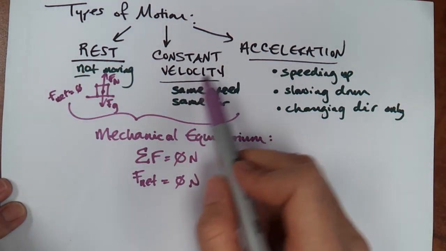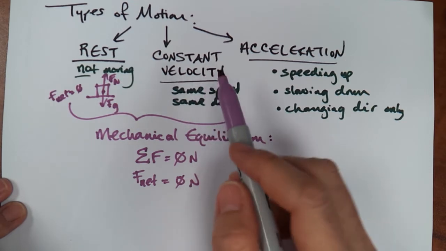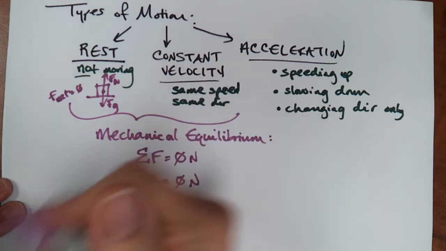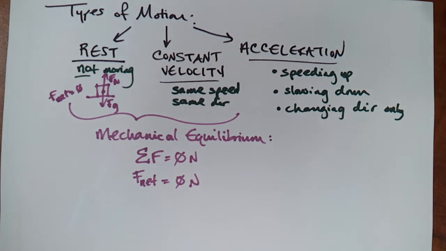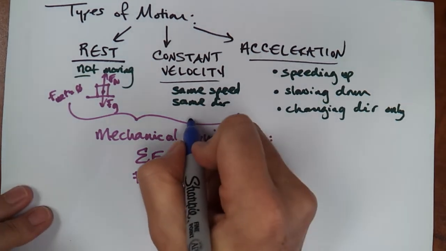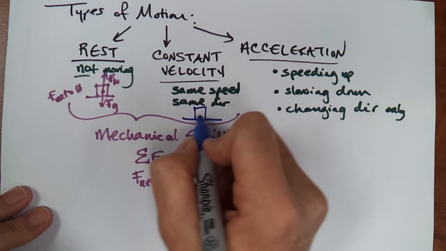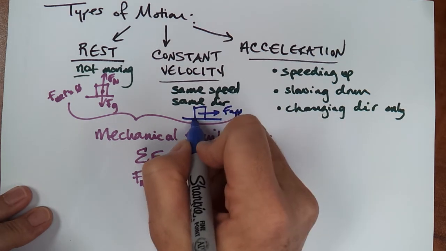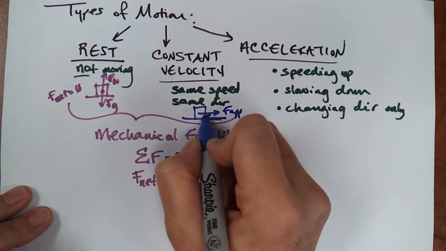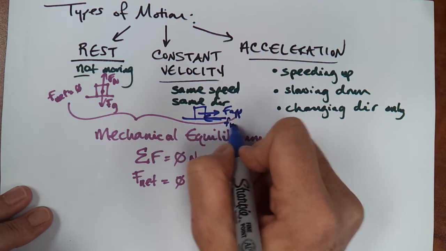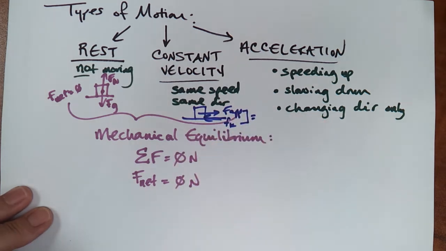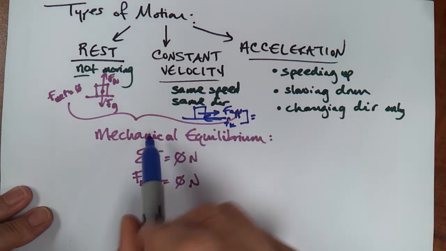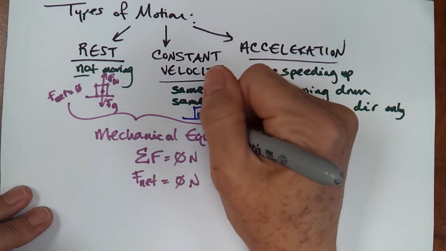If I'm undergoing constant velocity, it means that if I were to draw this out, let me do a different color here. It would mean that my applied force and my friction force are equal. It would also mean that the object was in motion to begin with, right?